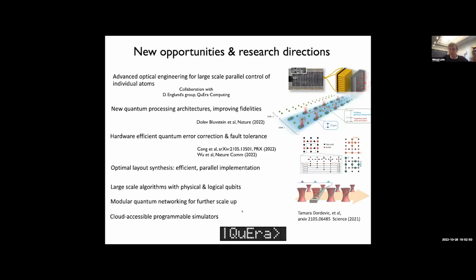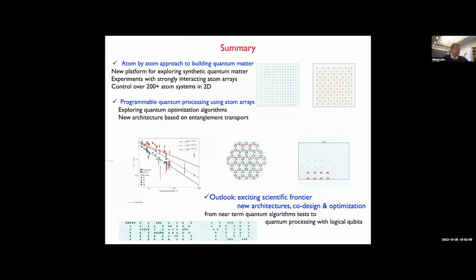So we look forward to the community accessing it and doing science with it. I hope I convinced you that this is an exciting scientific frontier, with a lot of opportunities for new architectures, co-design and optimization, involving both near-term quantum algorithm tests, but also longer-term quantum processing with logical qubits.